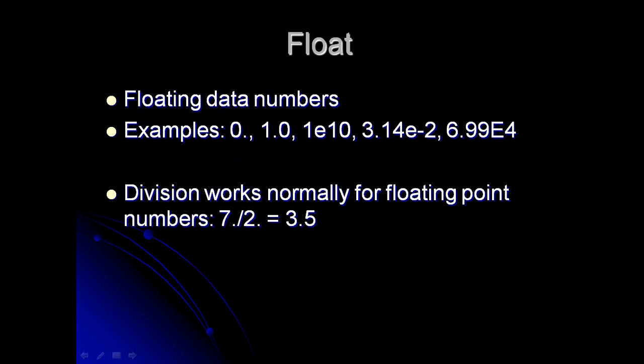And if you want to work with a float data type, then you take the variable and assign some float values like 1.0, 1e10, 3.14e-2, like this. Then internally that variable will be defined as a float.